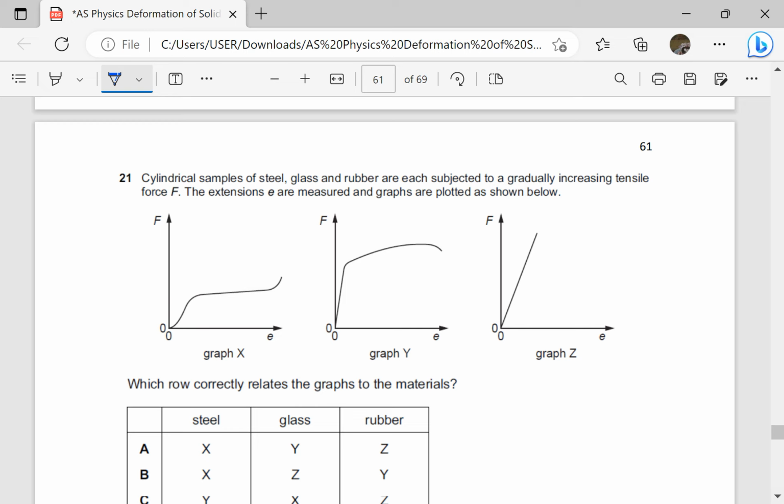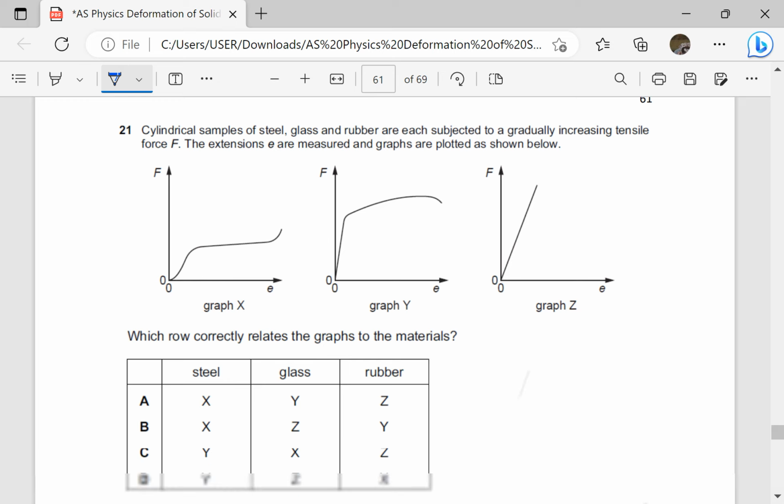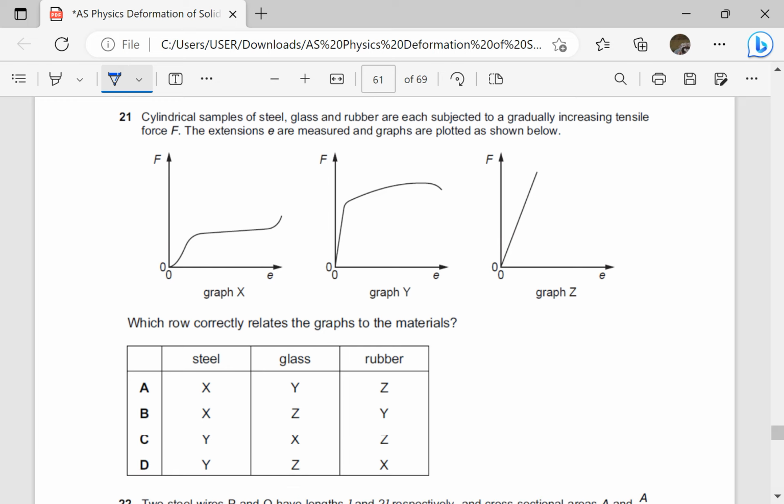Cylindrical samples of steel, glass, and rubber are each subjected to a gradually increasing tensile force F. The extensions E are measured and graphs are plotted as shown below. Which row correctly relates the graphs to materials? Of course, this might be, because this stretches up to the elastic limit, it might be rubber.